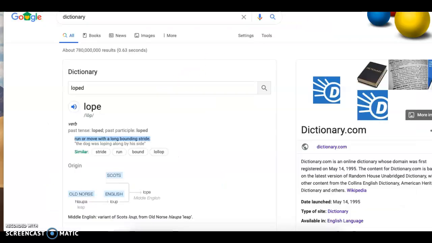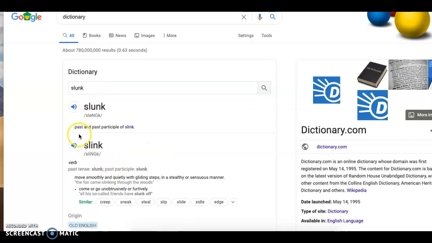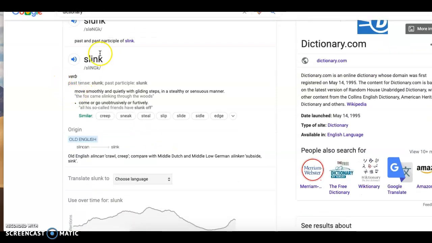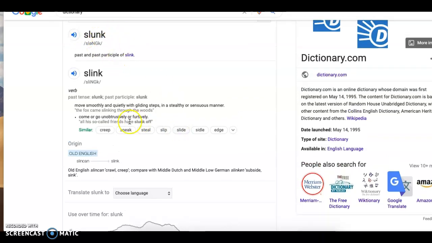Slunk is the past tense word for the word slink. To slink means to come or go obtrusively or furtively, which means like creep or sneak. So if you slink or you slunk, it means that you already snuck or creeped past someone.